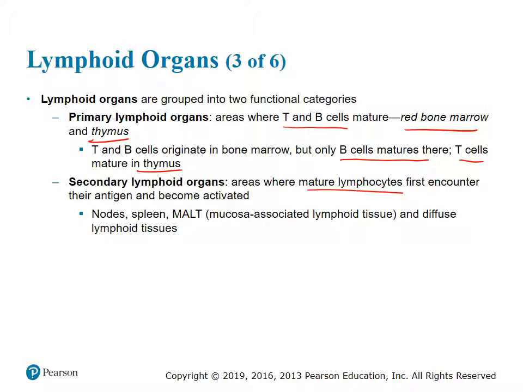I always use a military or police force to relate it, because it makes a lot of sense. If it's a police force, you hire a police officer, they go through what? Training, right? They go through school, basically. And that training is the red bone marrow, where we train them, make them, and then we send them out for training, right?